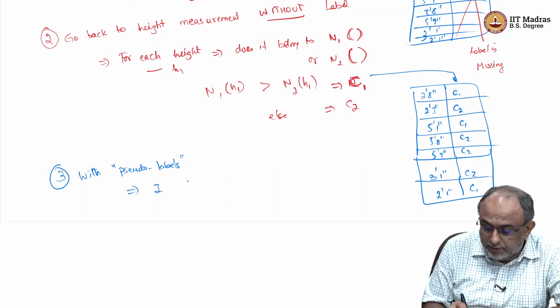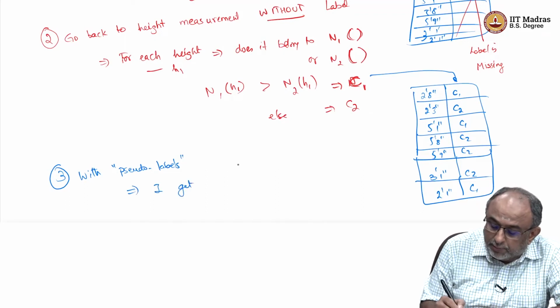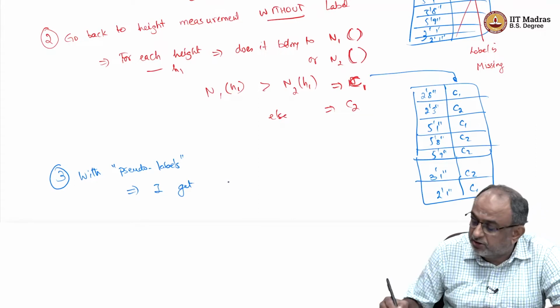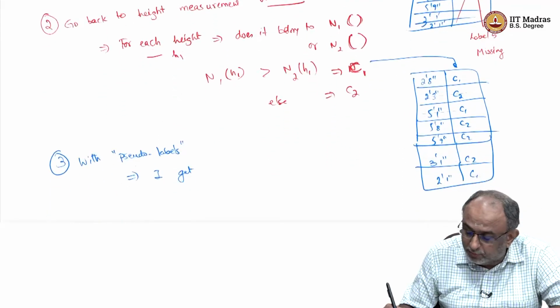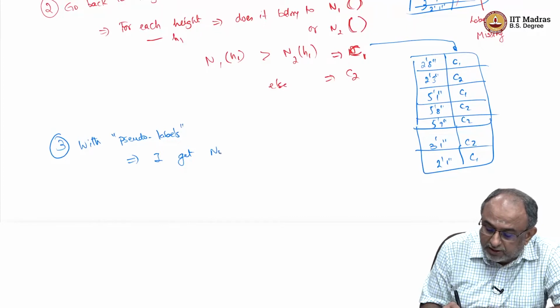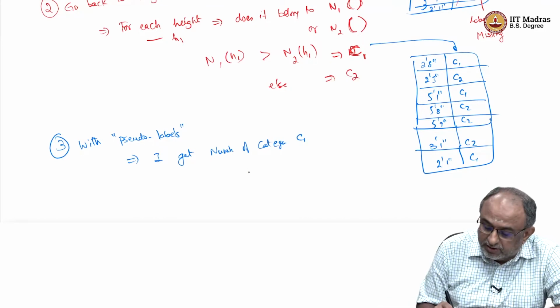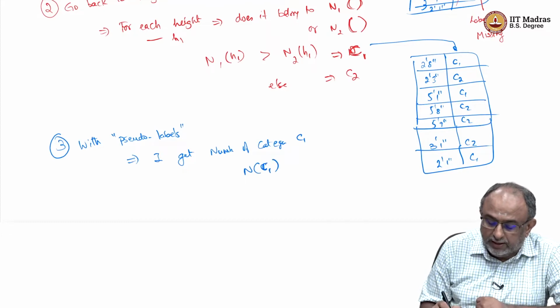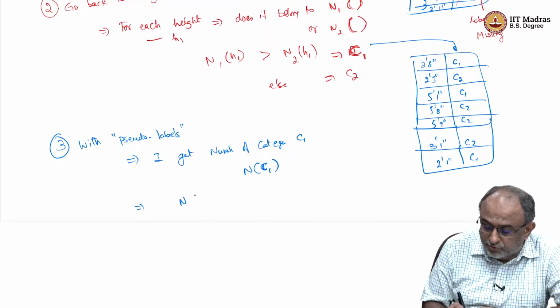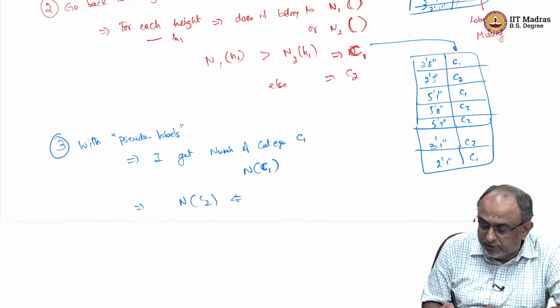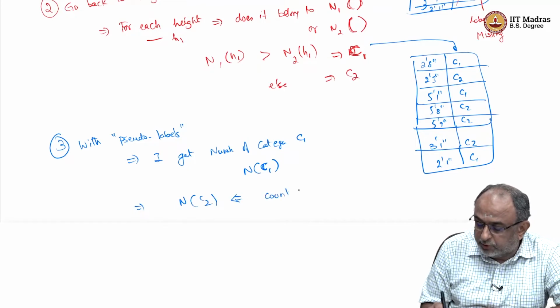So, now with these pseudo labels, I get a number of counts. The number of category 1, let me call that NC1, is the count for category C1, and similarly I can get the count for C2, the count for category 2.